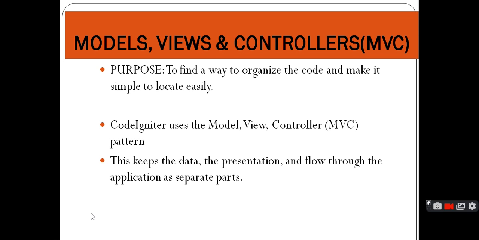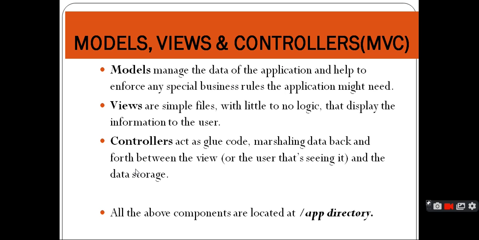And one more thing, this MVC keeps the data in a very systematic manner. That is, the whole application is separated into separate parts. Coming to the models, these models will manage the application data and are also useful to enforce special business rules on the application.